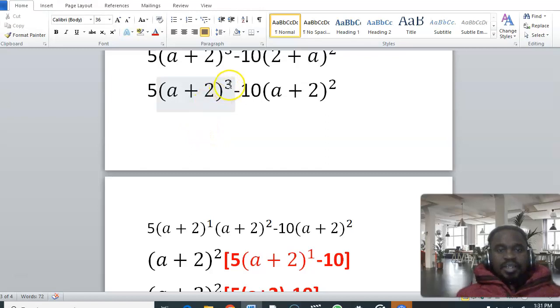Now a plus 2 cube, I can write it as a plus 2 to the power 1, a plus 2 to the power 2. Why am I writing it this way? Because we have a plus 2 to the power 2, so that we can write it the same. We want to make it common so that we can factorize it.